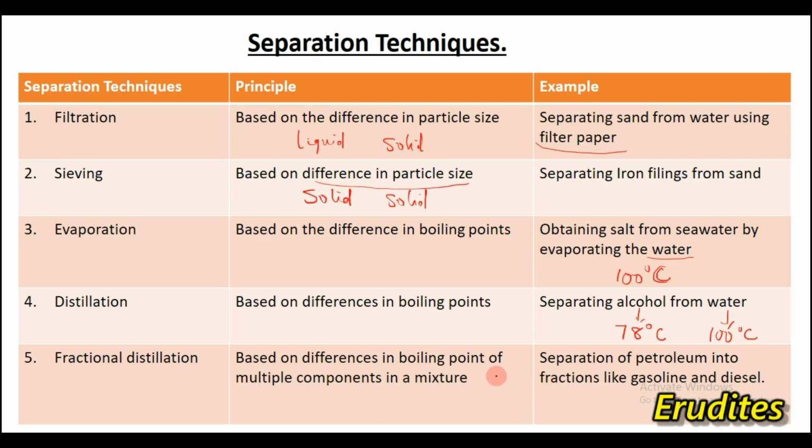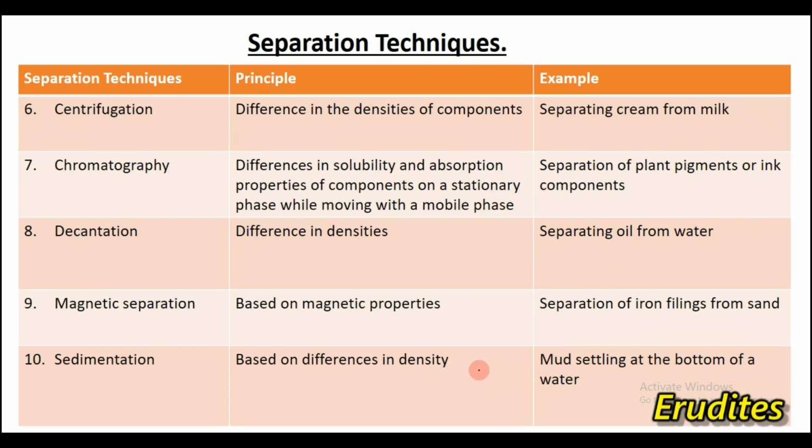So having known this, let's look at the sixth separation technique that we have here, which is centrifugation. Centrifugation is a separation technique and it acts based on the difference in the densities of the components of the mixtures.